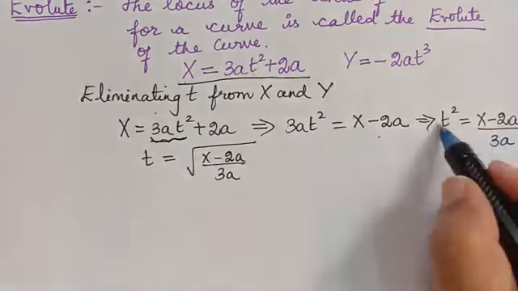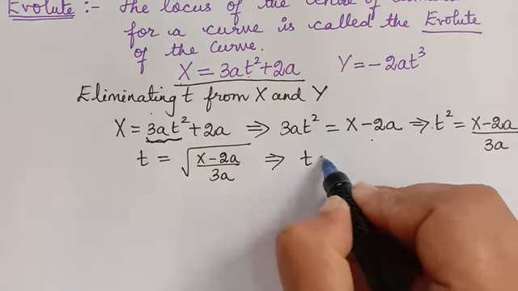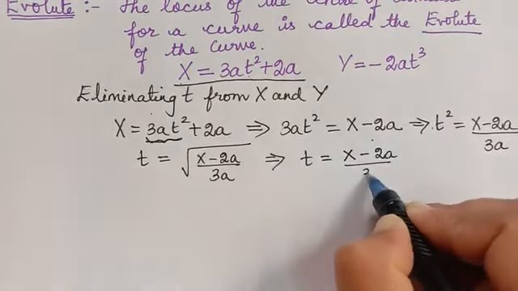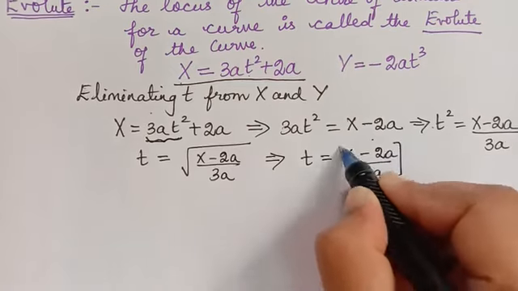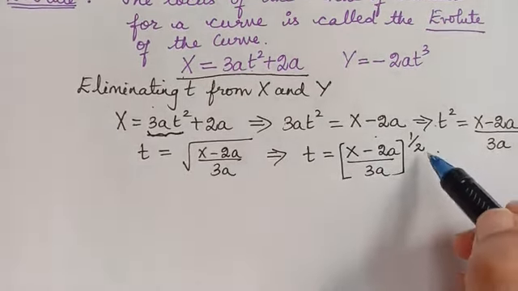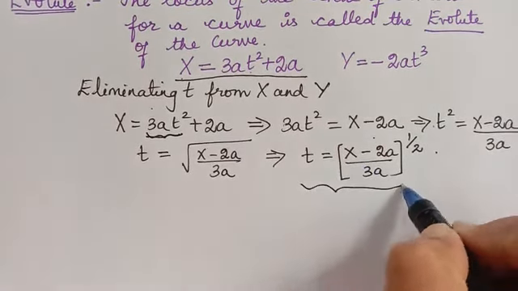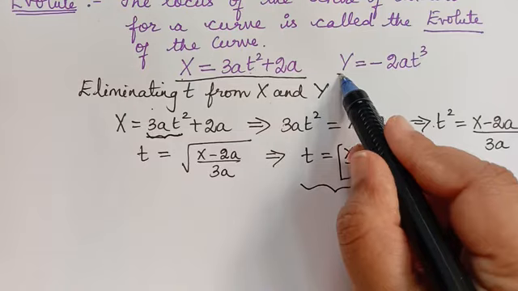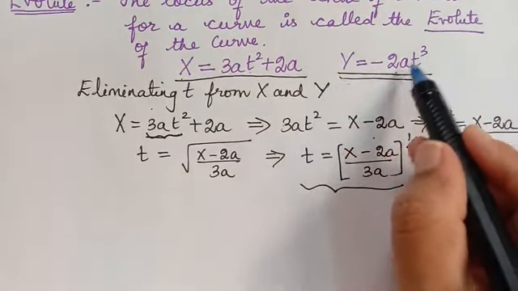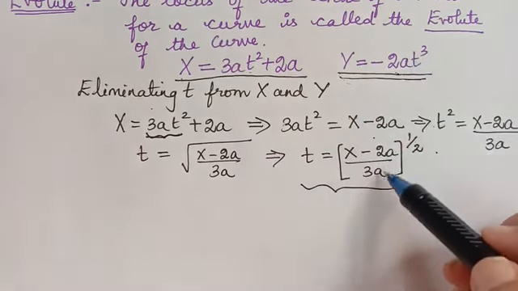This square root can be written as t equal to x minus 2a by 3a, the whole to the power 1 by 2, because square root can be written as to the power 1 by 2. Now we will substitute this value of t in our y coordinate, y equal to minus 2at cube.